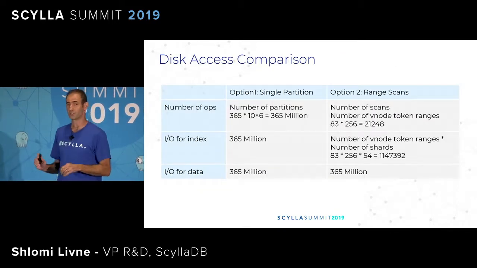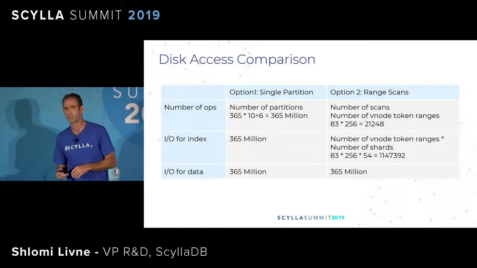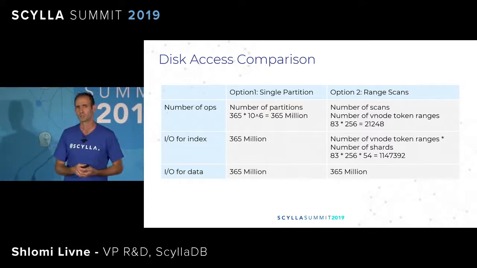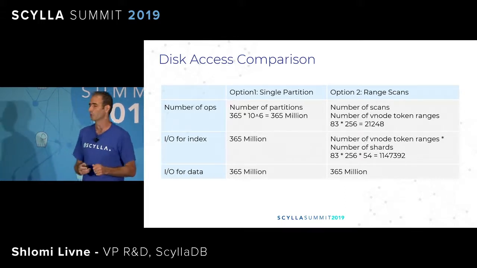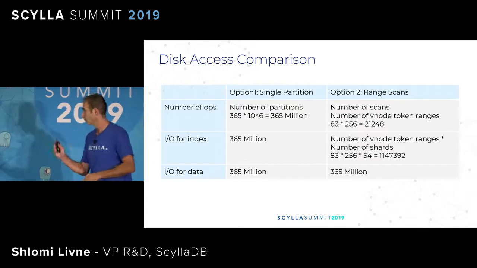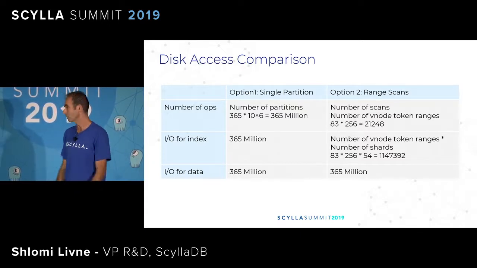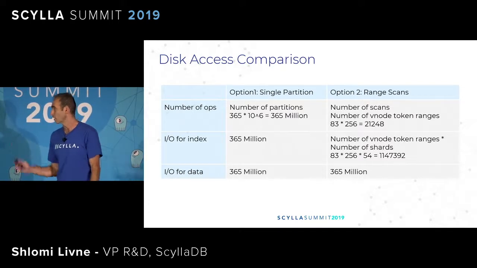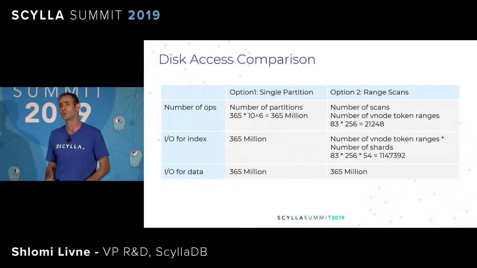And let's compare the two. So in the use case, they were using 83 nodes and a number of tokens of 256. So that means the number of scans was around 21,000. If we're talking about IO for the index, then we take the number of operations that we need to do and multiply it by 54, which is the number of shards.